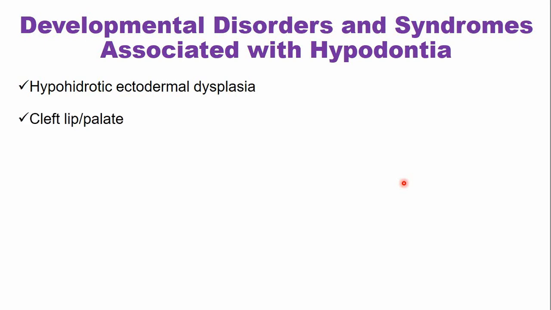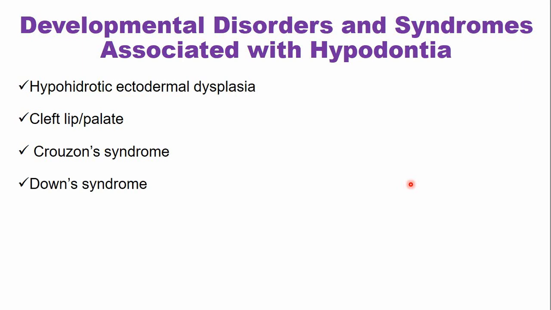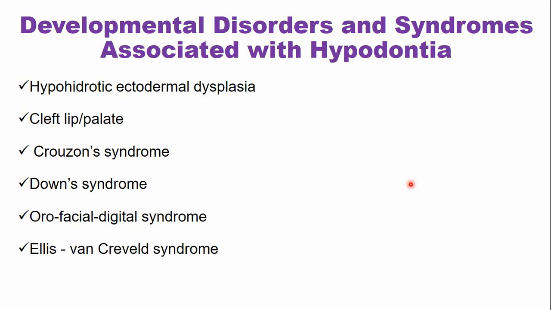Most commonly, the syndromes or disorders that are associated with hypodontia are hypohidrotic ectodermal dysplasia, cleft lip and palate, where most commonly the teeth are missing in the anterior region, Crouzon syndrome, Down syndrome, orofacial digital syndrome, and Ellis-van Creveld syndrome. In these syndromes, most of the patients have hypodontia.